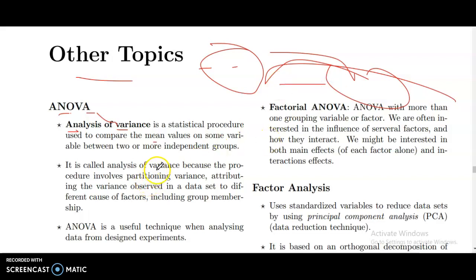It is called analysis of variance because the procedure involves partitioning variance, attributing the variance observed in a data set to different causes or factors including group membership.